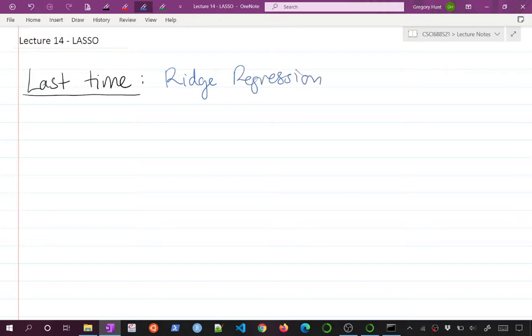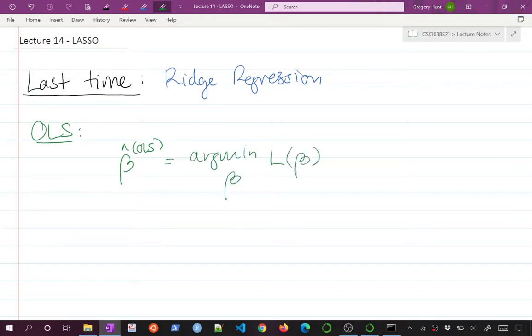And ridge regression, right? So if you recall, for OLS, or ordinary least squares, our estimator of our function we got by finding beta hat, and I'll call this beta hat OLS, and we got this by minimizing our loss function L of beta across possible values of beta.